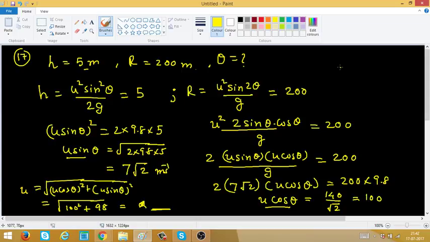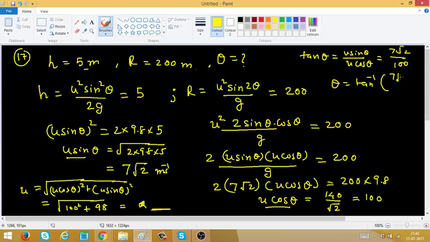So now we know that tan theta is equal to u sin theta by u cos theta. u sin theta is 7 by root 2, u cos theta is 100, so we can find tan theta, tan inverse of (7 by root 2) by 100, and if you get this you will get 5.6 degree, whereas the answer given is 5 degree 43 seconds, right?